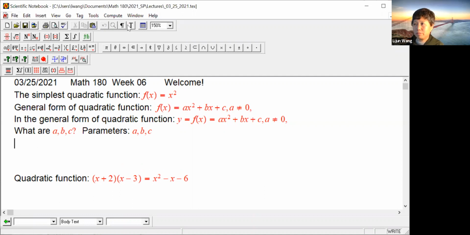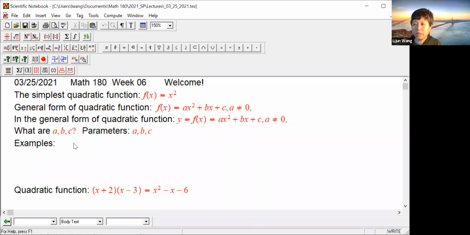I want to show you the role of parameters, because to many of us these are just symbols. Why a, b, c? Why x, y? Why are they called different names?